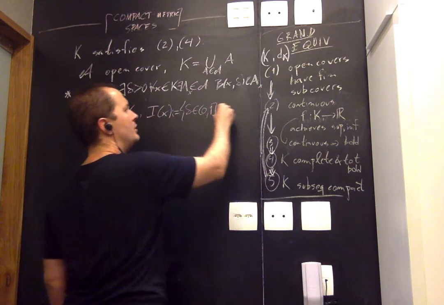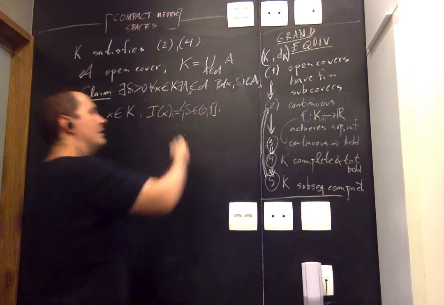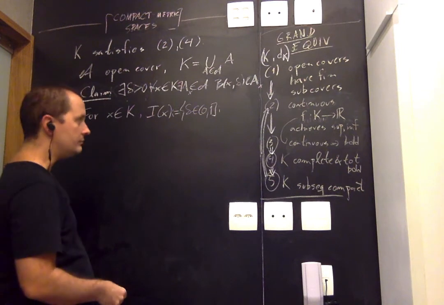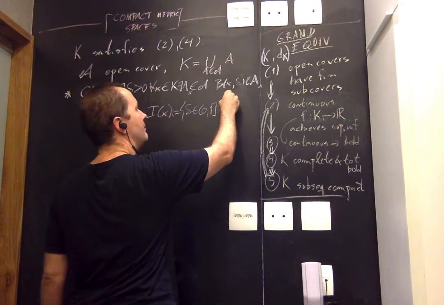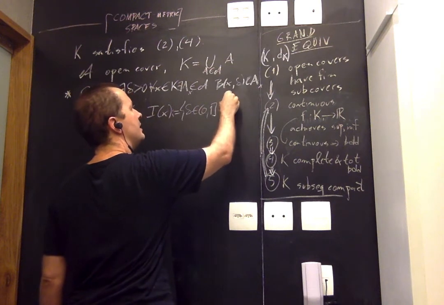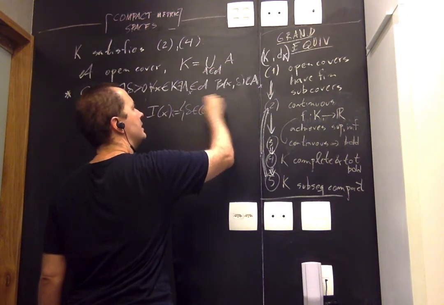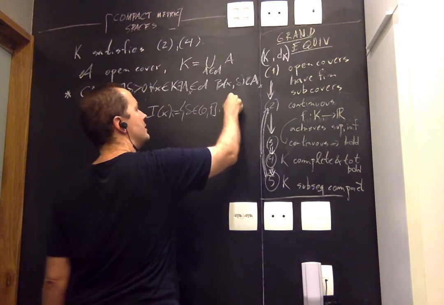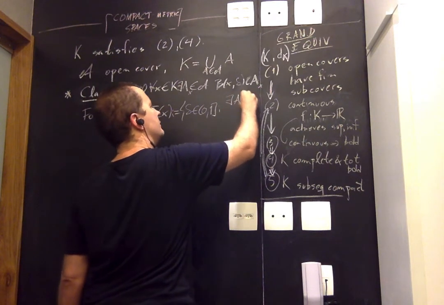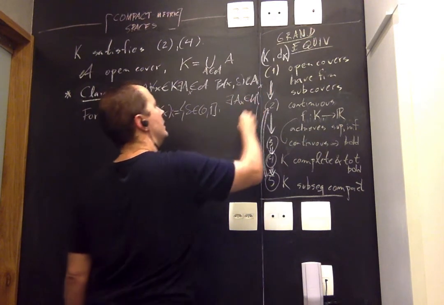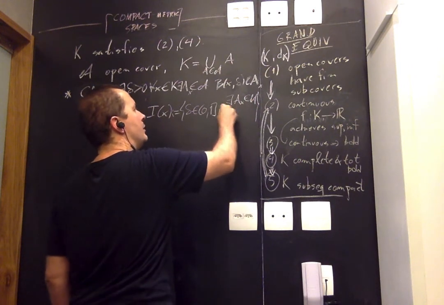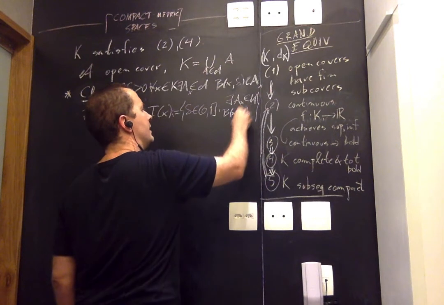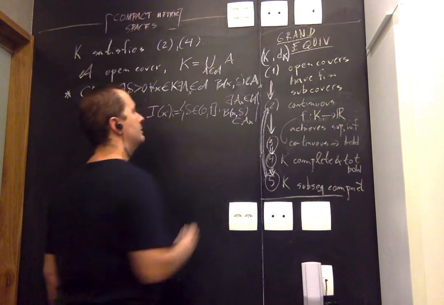I'm just going to put an upper bound. I'll say that I of x is the set of all deltas such that there exists an A sub x in the cover such that the ball of radius delta around x is contained in A sub x.